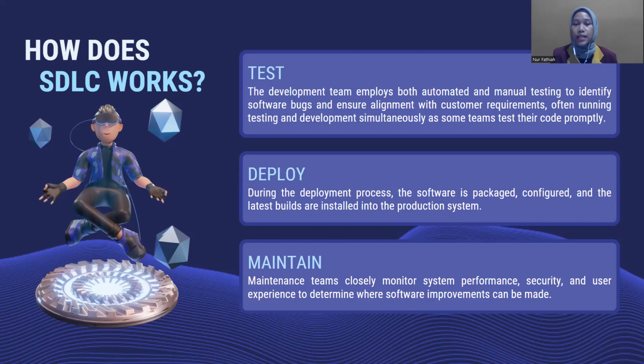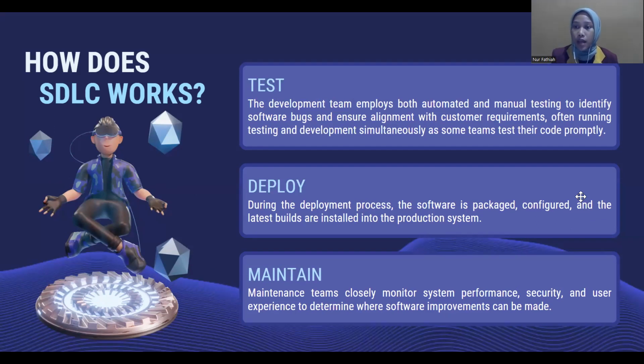Next step is deploy. During the deployment process, the software is packaged, configured, and the latest builds are installed into the production system. And the last is maintain. Maintenance teams closely monitor system performance, security, and user experience to determine where software improvement can be made.